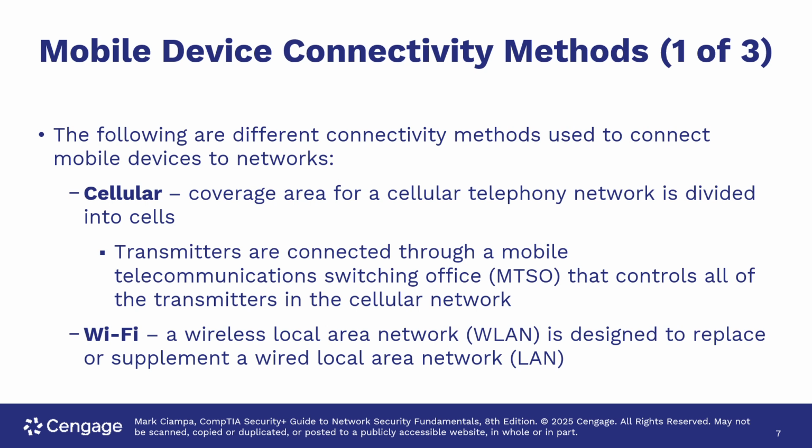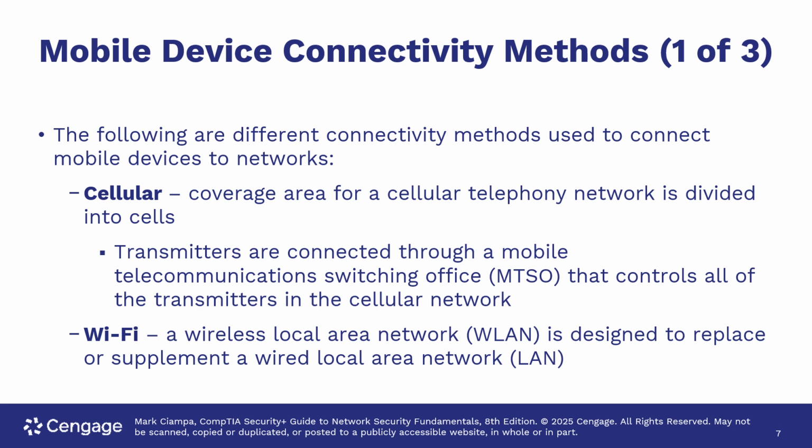The following are different connectivity methods used to connect the mobile devices to networks. The first is cellular. That gives a coverage area for a cellular telephony network. They're divided into cells.